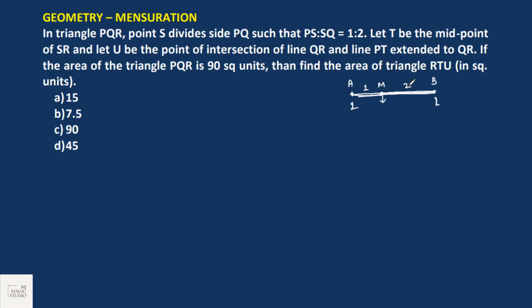Now you can see that 2 into 1 is the same as 2 into 1, and the overall mass weight pulling at point M would be 2 plus 1, that is equal to 3.